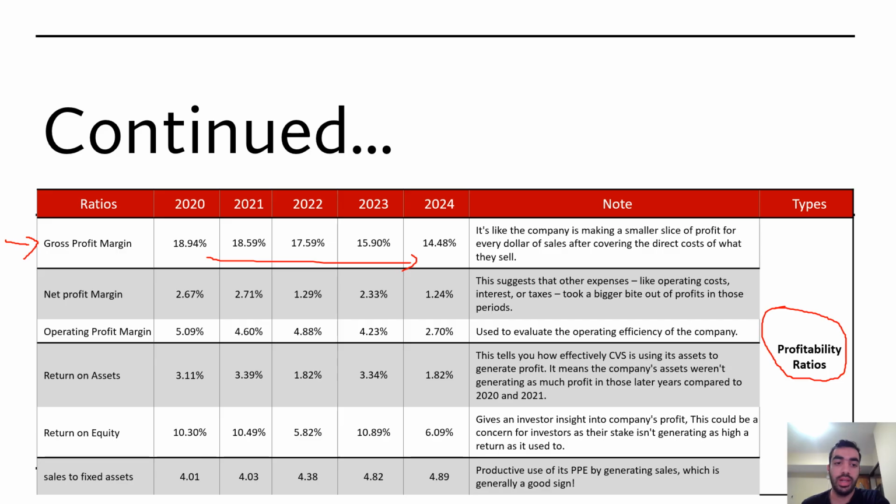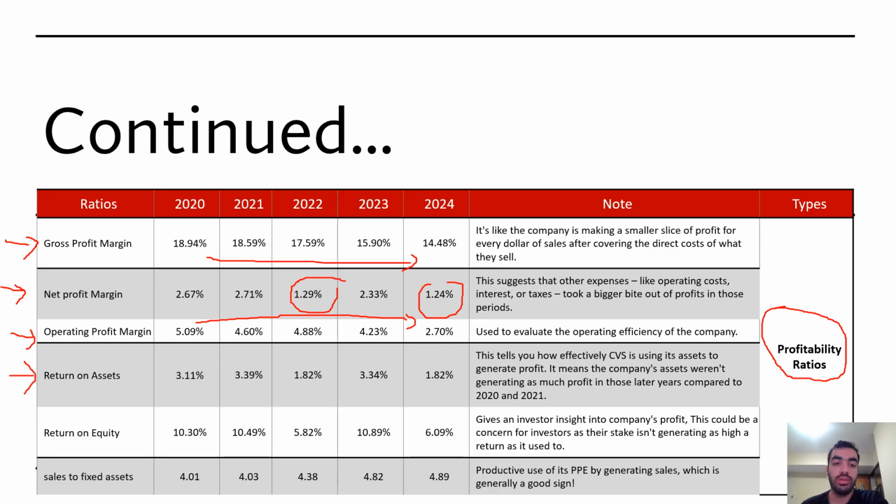If you look at the net profit margin, it is highly volatile, dipping in 2022 and 2024 due to increased operating costs, interest or taxes. The operating profit margin is gradually trending downwards, which means challenges in managing day-to-day costs.